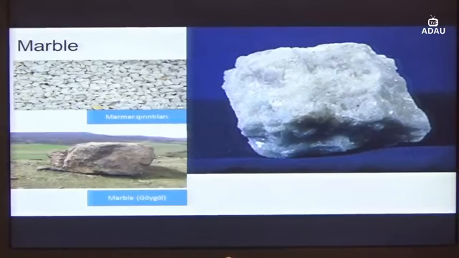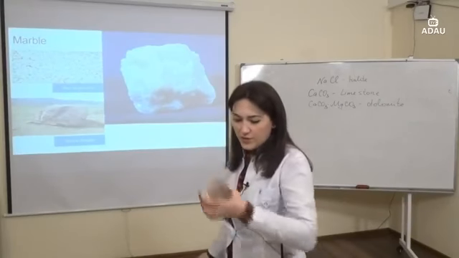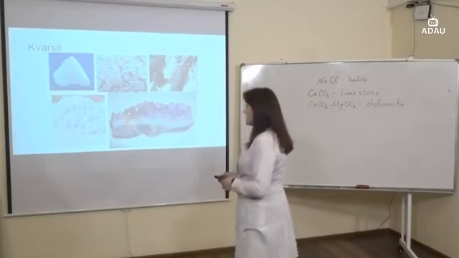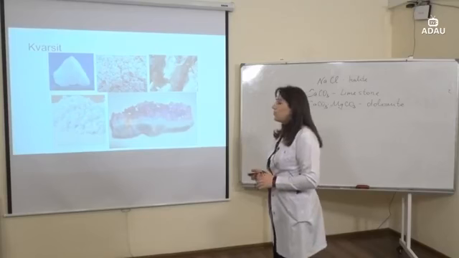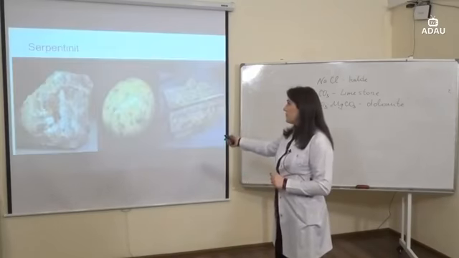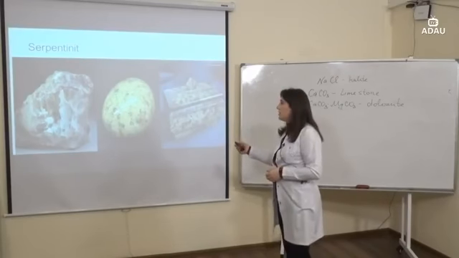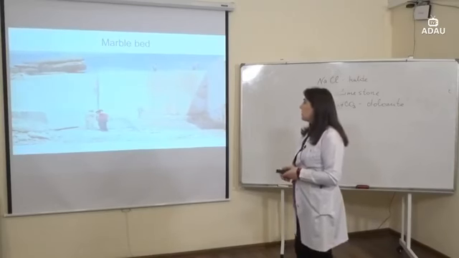Here is also marble, a monomineralic, metamorphic rock. Quartzite is also a metamorphic rock, formed from the quartz mineral. Serpentinite is also a metamorphic rock sample. Oh, this is a marble bed, a huge marble bed.